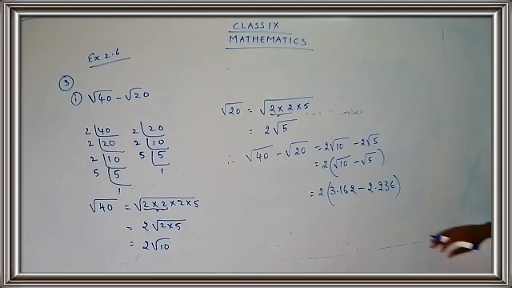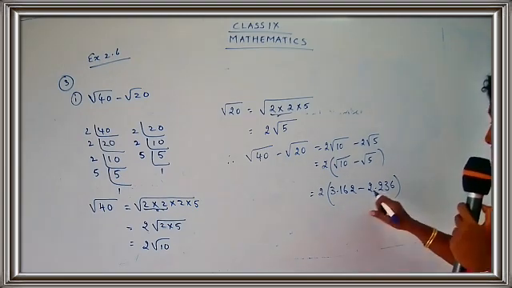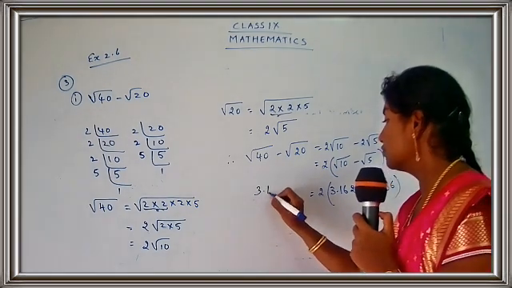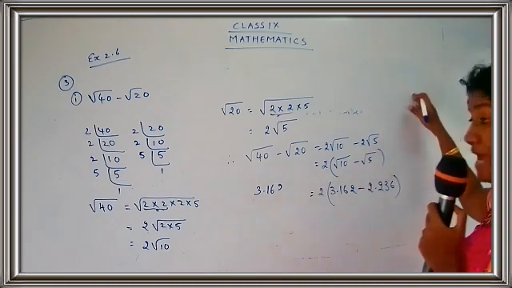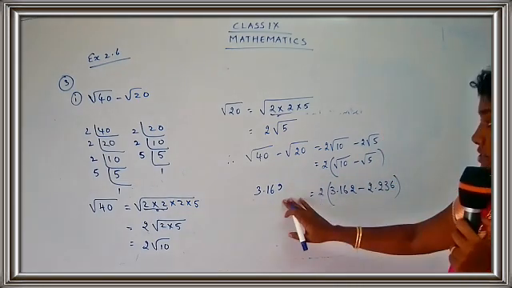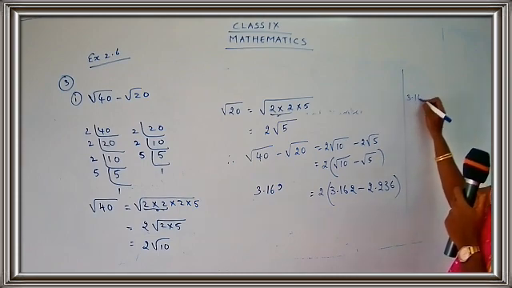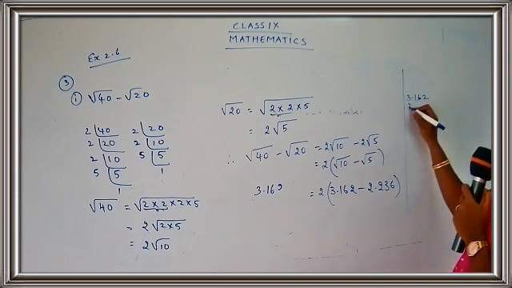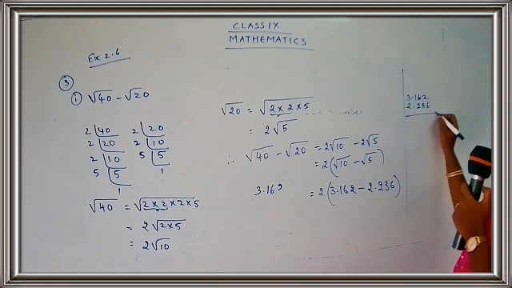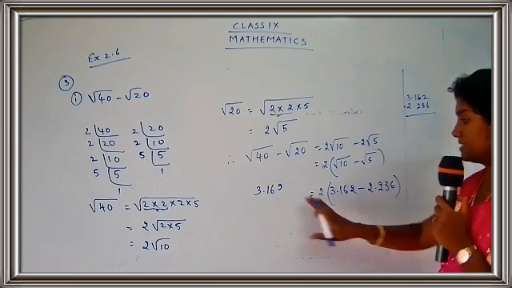So you have to get the difference of this. 3.162, so you have drawn a rough column, yes, children? So just work out in the rough column. 3.162 minus 2.236, come on, and the answer.